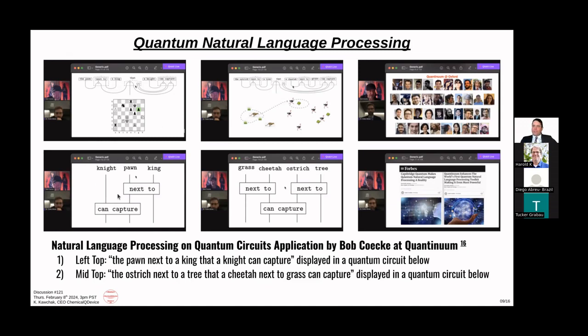And then its representation in a quantum circuit is here, at the bottom one. This middle one, the ostrich next to a tree that a cheetah next to grass can capture, appears to be efficiently represented with the words inside of the gates. So as this all evolves and the ChatGPTs get bigger and LLaMAs get bigger, another AI chatbot, you'll see continual interest in this with quantum.